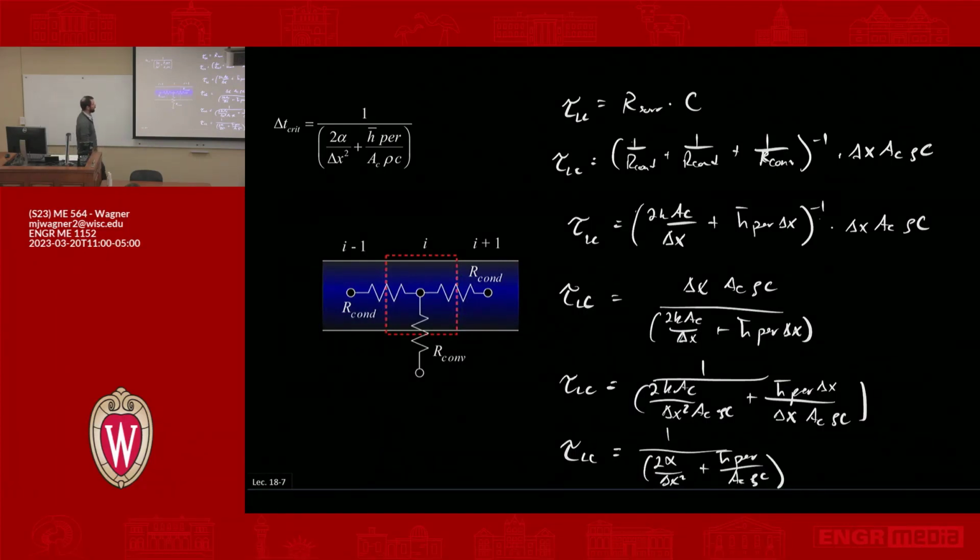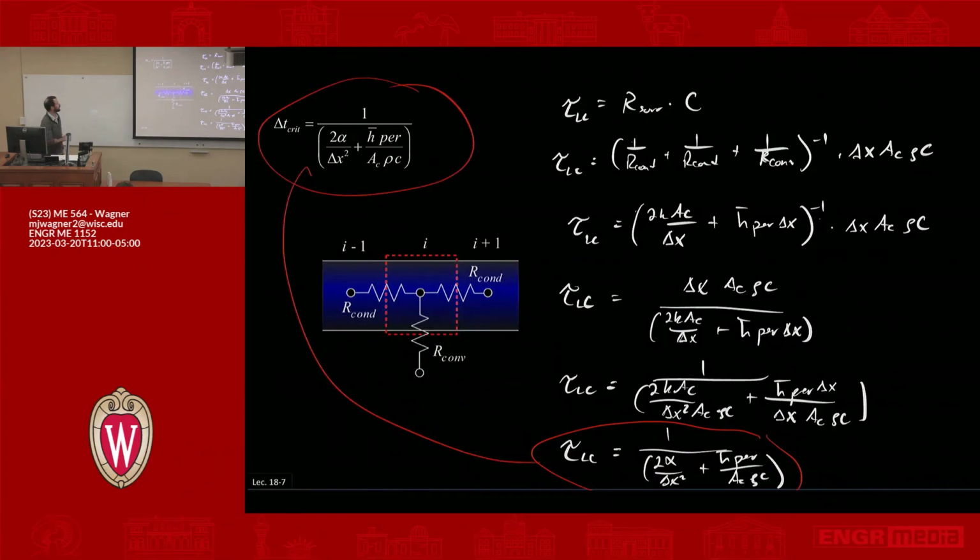So if you follow all that and look at this and look at that, they're the same thing. These two equations are the same thing. So it turns out that our critical time step is, in this case, exactly equal to the lump capacitance time constant.